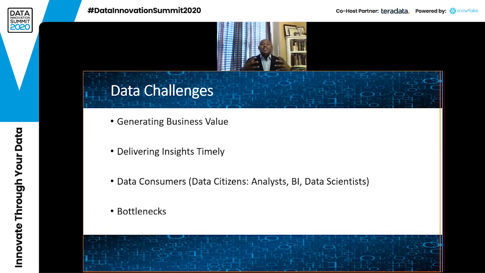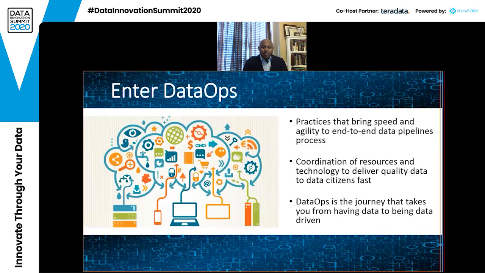And as the data grows and as the user community grows, as these data citizens grow, then data management and the delivery of that data becomes the bottleneck for all of the process, all of the questions that the users want answered. So when we have these data challenges, enter data ops.